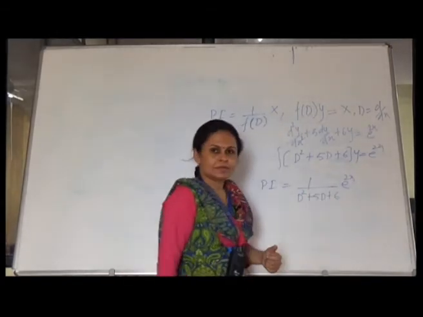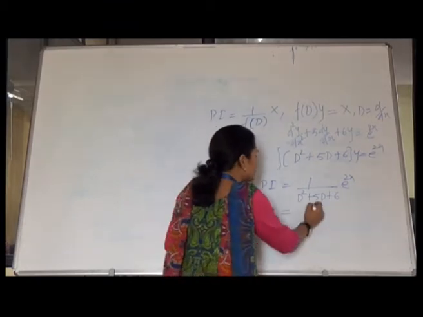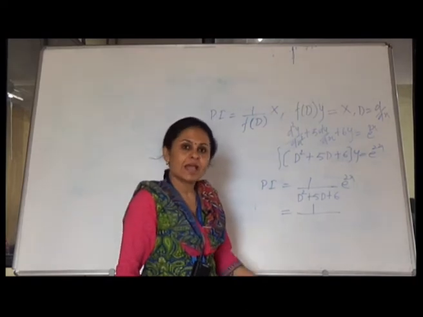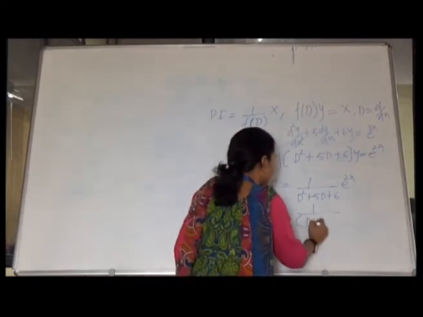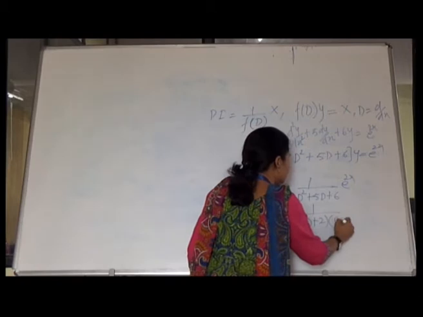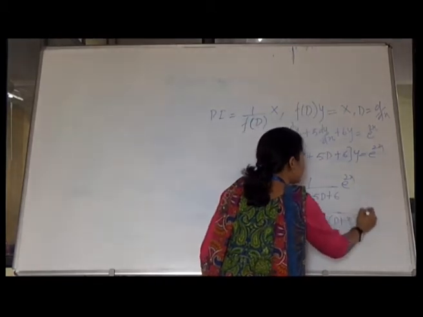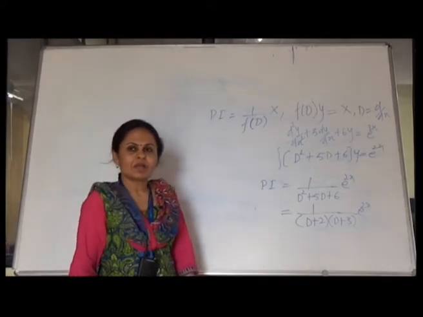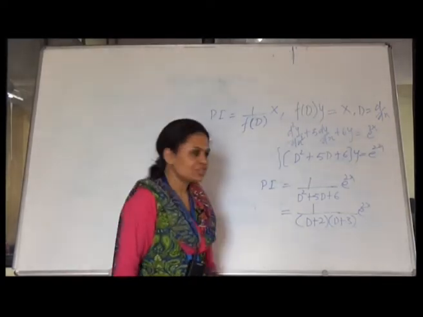If this is clear, can I factorize this denominator d square plus 5d plus 6 as d plus 2 and d plus 3, linear factors? If I factorize this way, what is the use of this factorization?